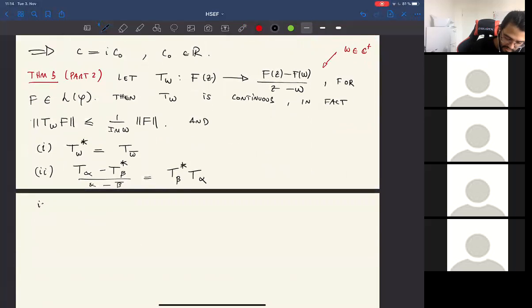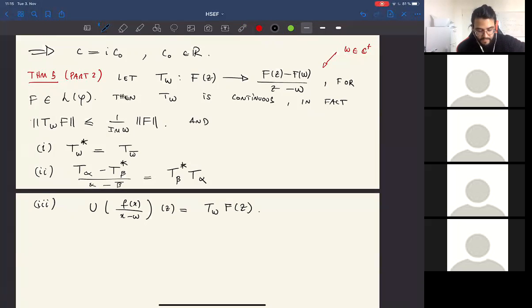And the final third identity is that if I consider the map U, so if I do U of f of x divided by x minus w, and I evaluate this at a point z, so this would be a function in the L phi space, that's exactly just TW of f of z.